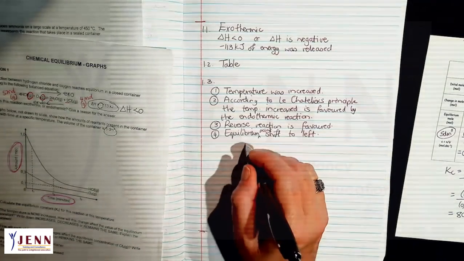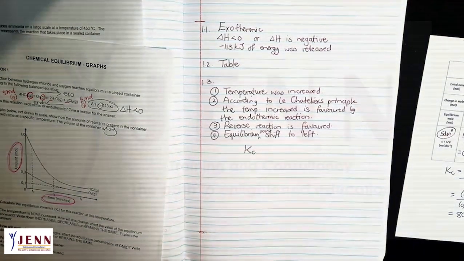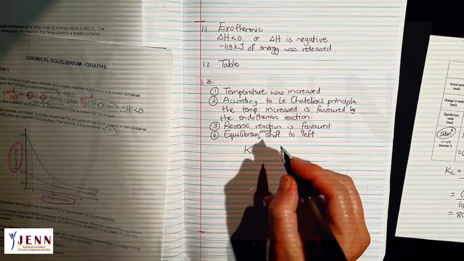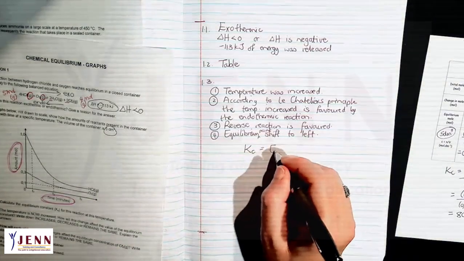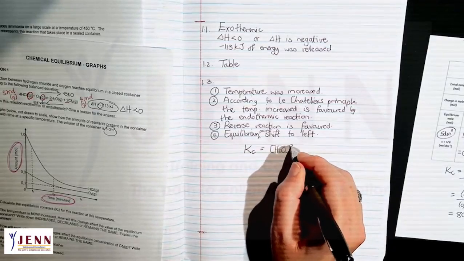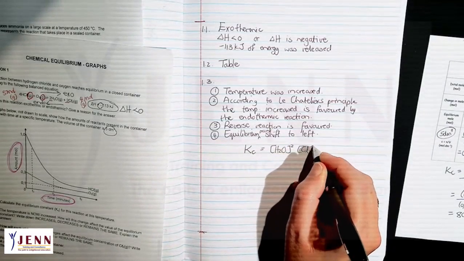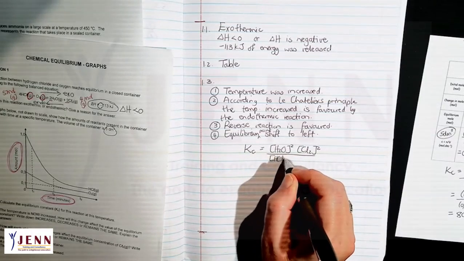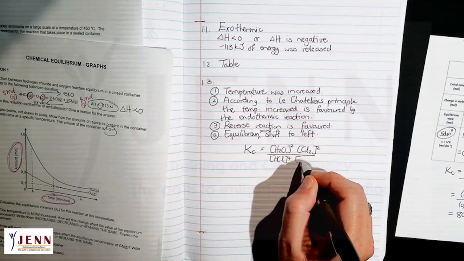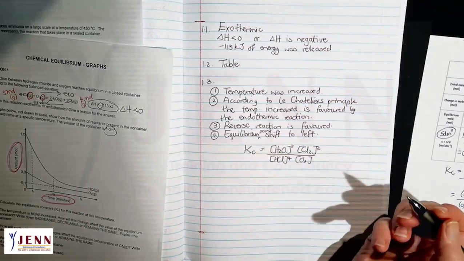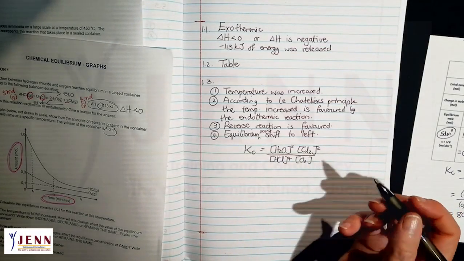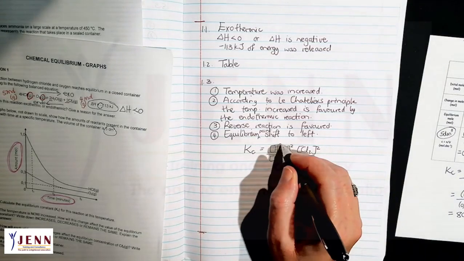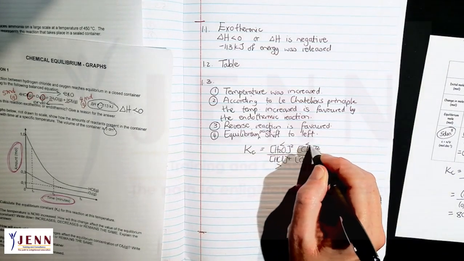So they want to know Kc, and now Kc is temperature dependent, so the equilibrium constant is Kc. So if I look at Kc, which is H2O squared Cl2 squared, over HCl to the power of 4 and O2. Okay, if the equilibrium shifts to the left, then it means the bottom two will increase and the top two will decrease.